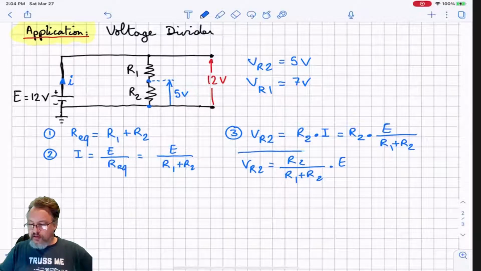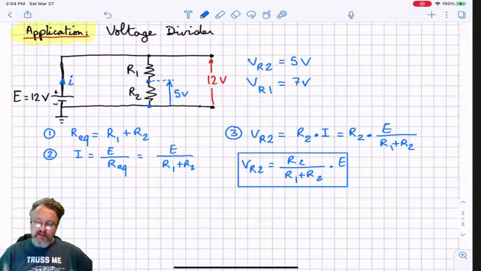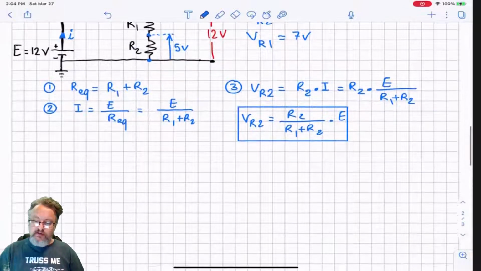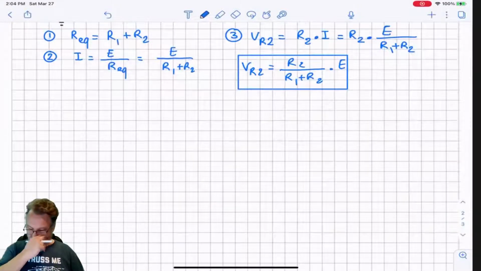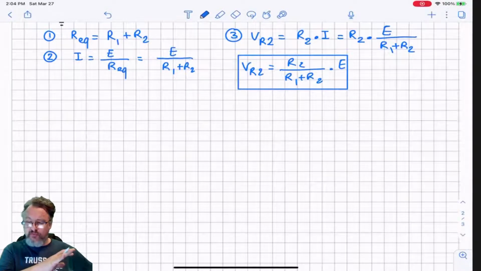I'm going to highlight or box this answer for now. And then I'm going to do a little bit of algebraic manipulation such that we can figure out what R2 and R1 might be to reach our goal of VR2. Okay, so we know that VR2 has to be 5 volts and E has to be 12 volts, right? We know that.